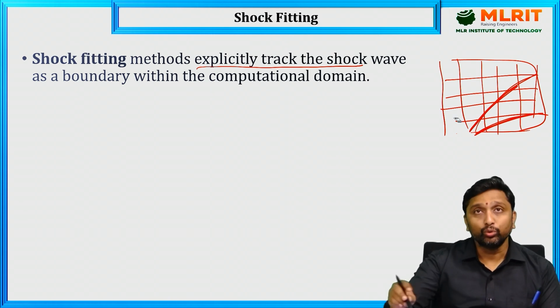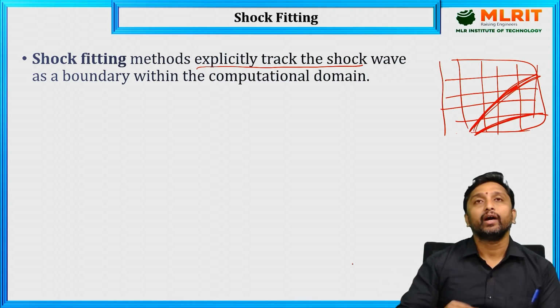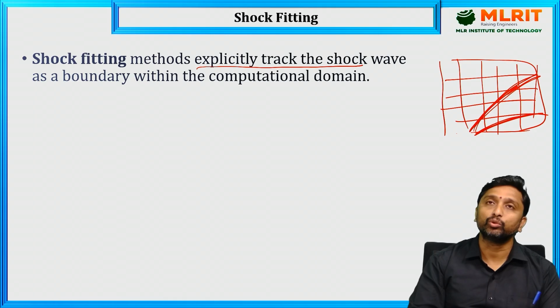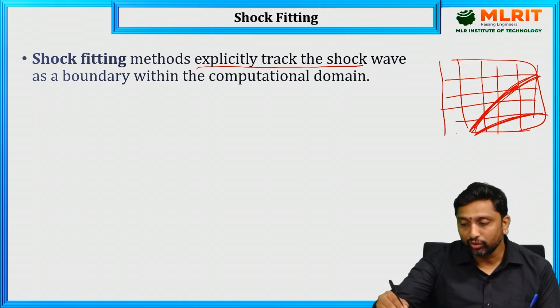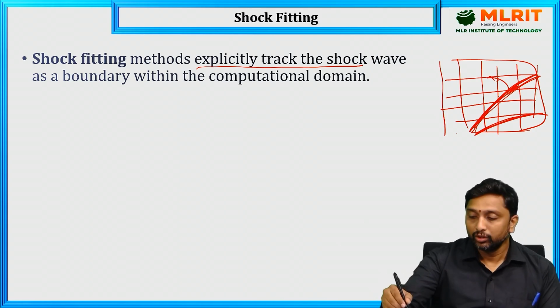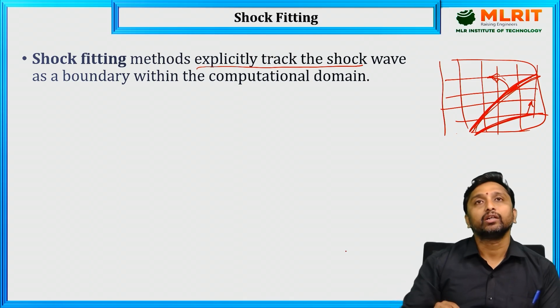So to do that, you need to first understand the formation of the shock wave and the nature of the shock wave, how and at what location it is going to form. Based on the formation of the shock wave, it will develop the boundaries. This shock wave will become one boundary and the body itself will become another boundary of the computational domain.